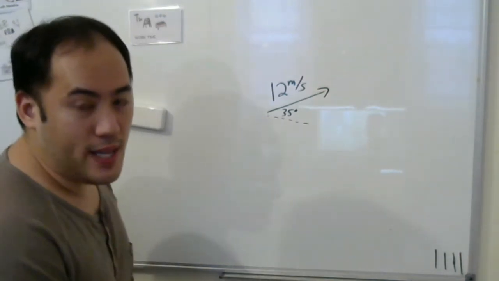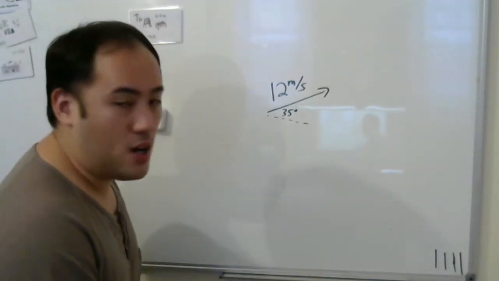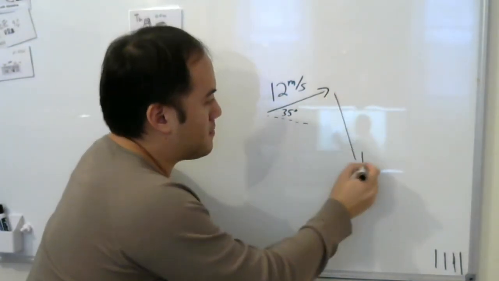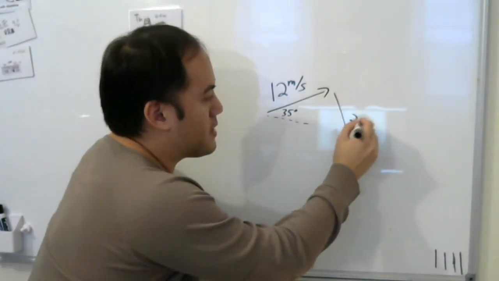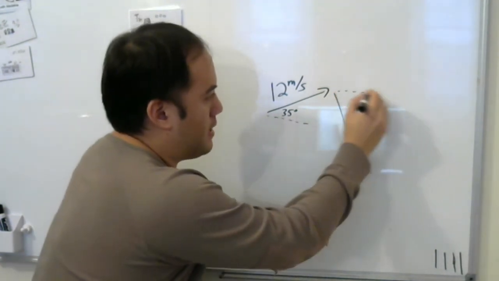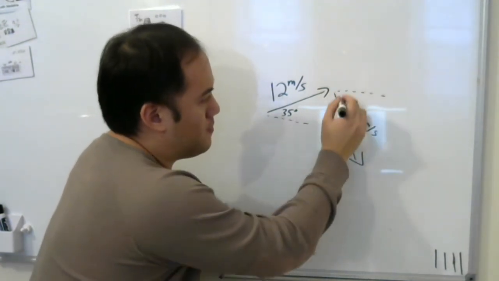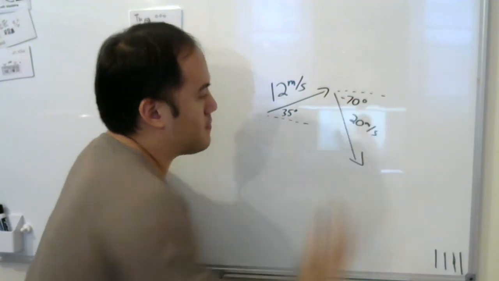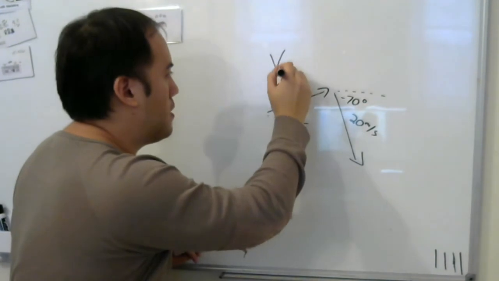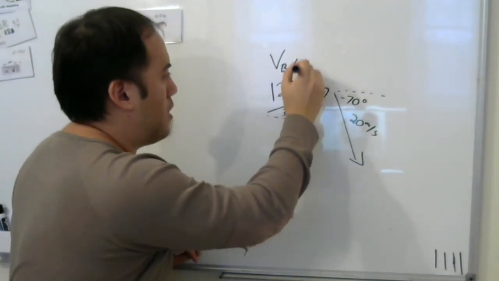But while you're sailing, there's some strong ocean currents that are going 20 meters per second at an angle negative 70 degrees. This is the velocity of your boat relative to the water.